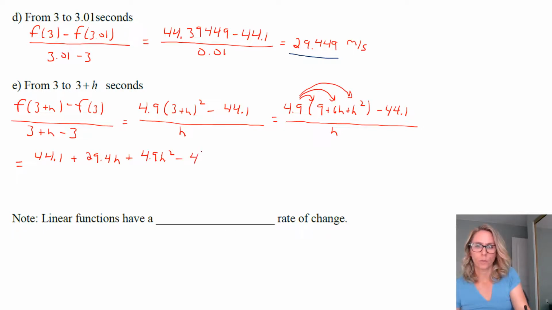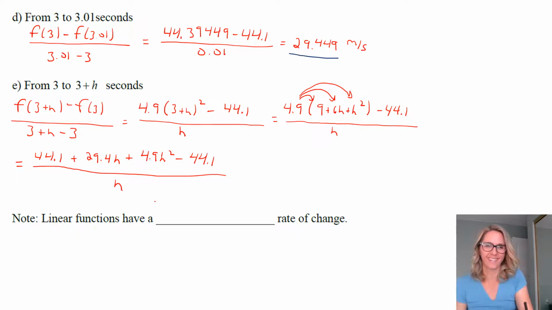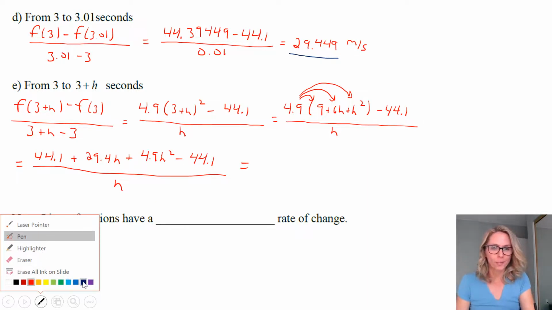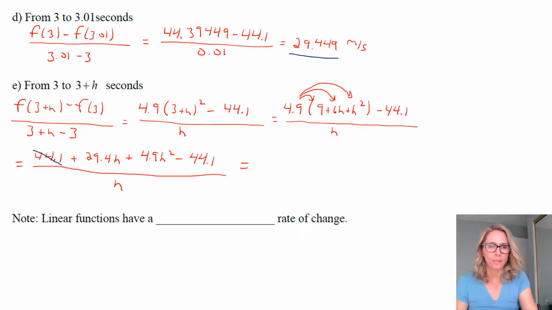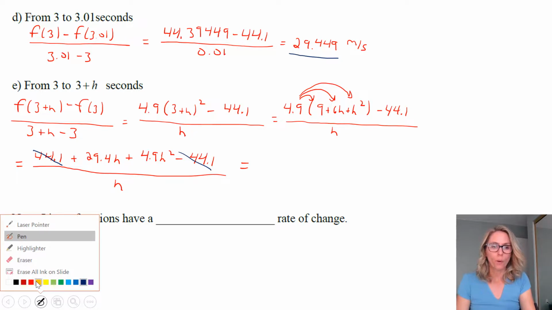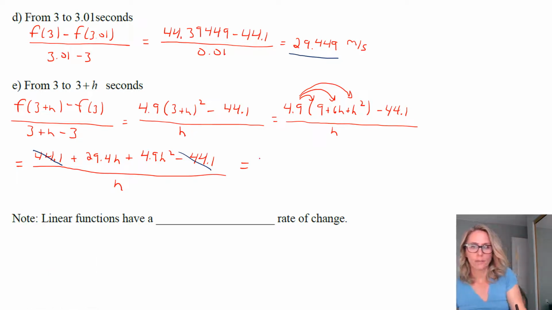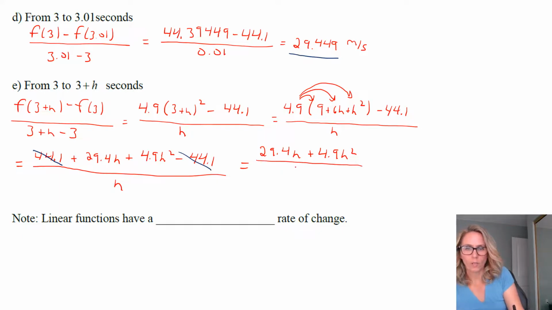And then minus 44.1 and over h. Okay, you should not be surprised to find out, because we have talked about the difference quotient before, that this and this are going to be gone. And as you can probably see, we are just left with things that have h, so 29.4h plus 4.9h squared all over h.